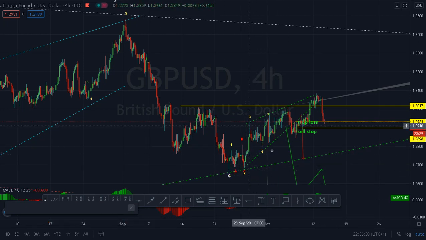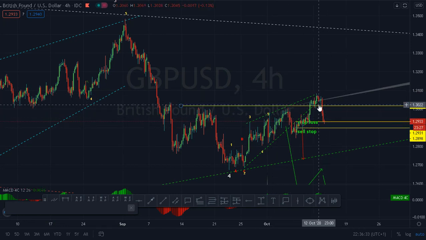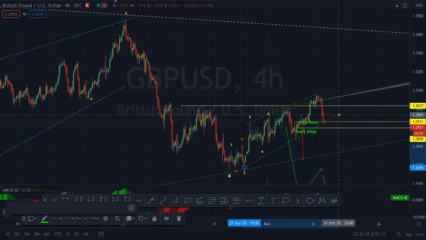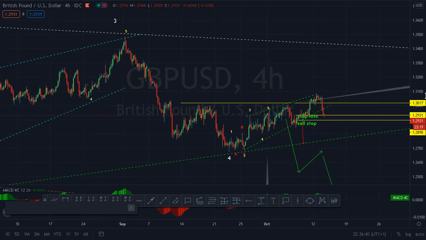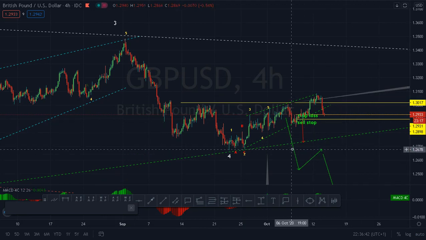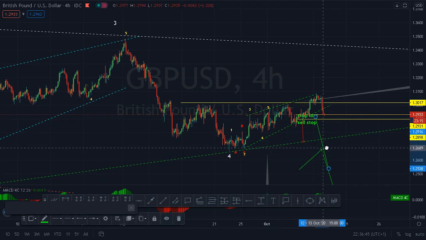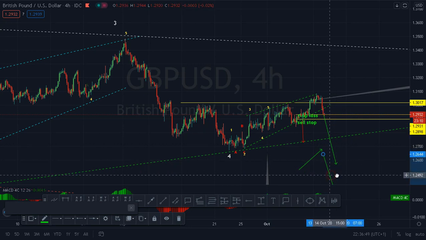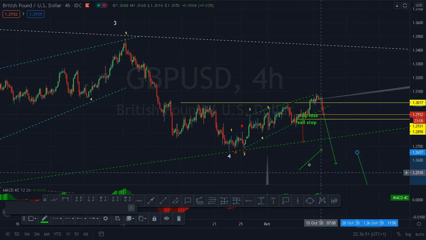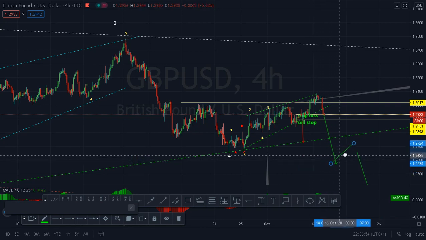So 1, 2, 3, 4, 5. This is a triangle formation, and the trend line is broken. So what we have here is that since this line has been broken, we will be looking for a sell.